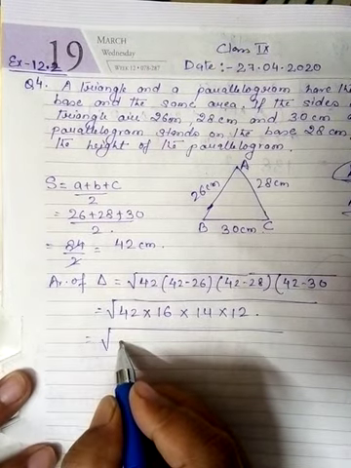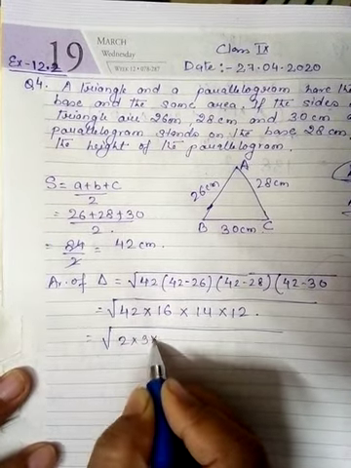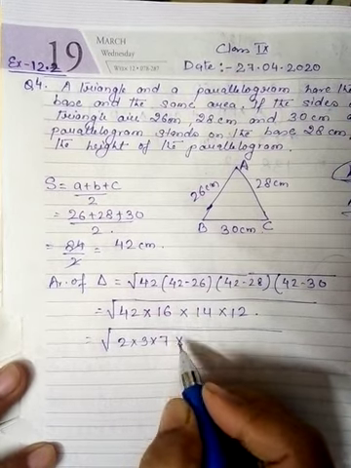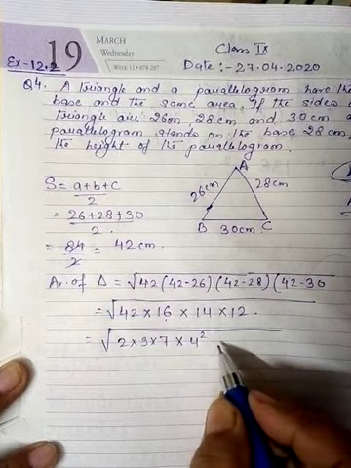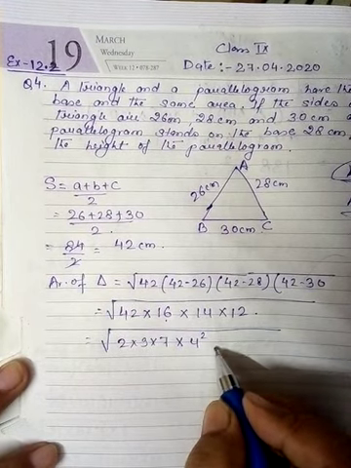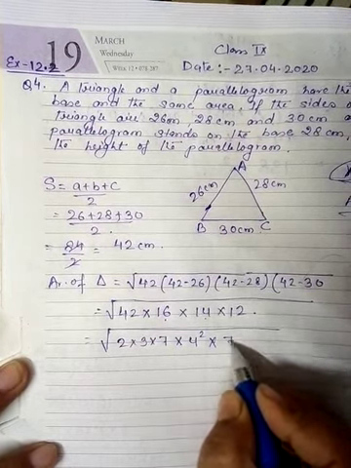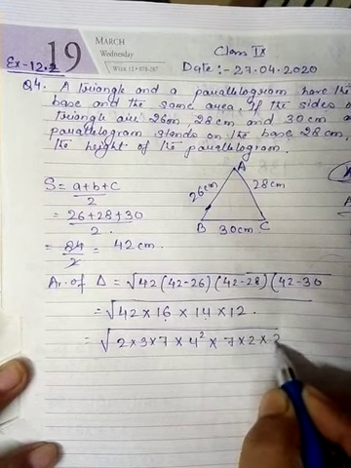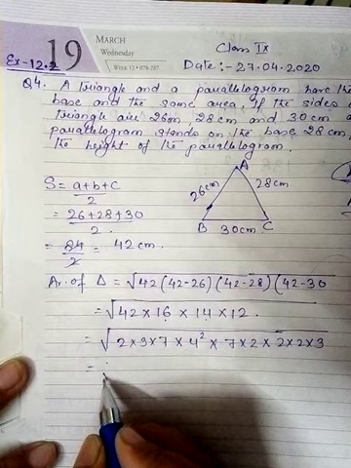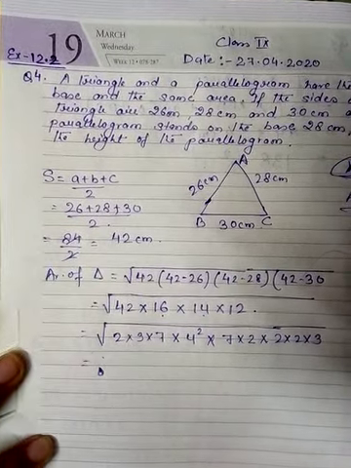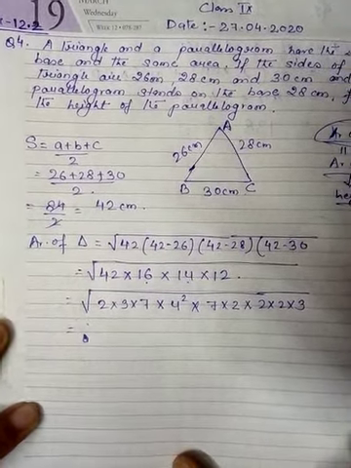42 can be written as 2 into 3 into 7. 16 itself is a perfect square, so I can write 4 square, or we can write 2 to the power 4 also. 14 can be written as 7 into 2, and 12 can be written as 2 into 2 into 3. Now I'm going to make pairs, so we don't have to write the sign of square root.